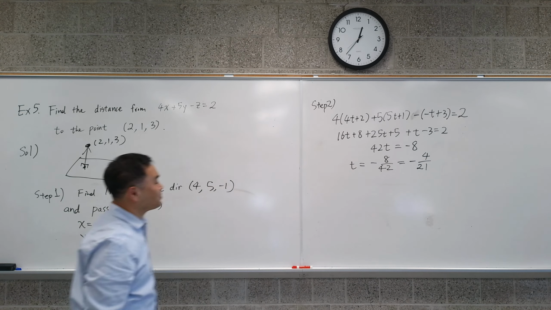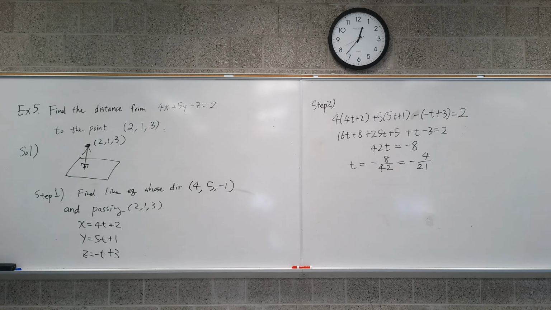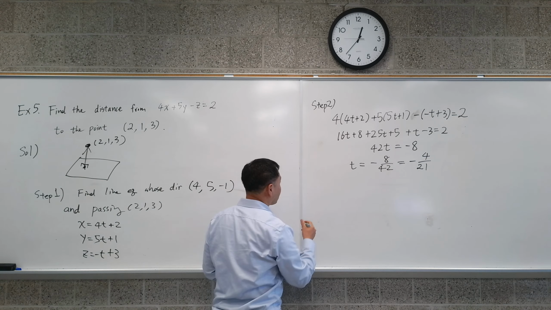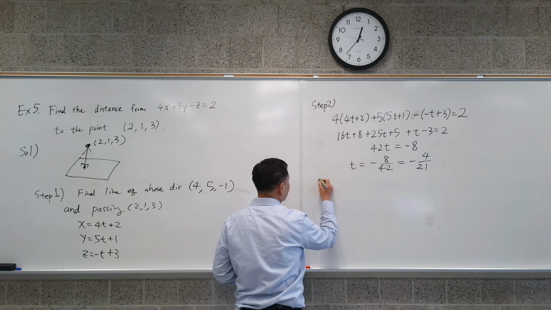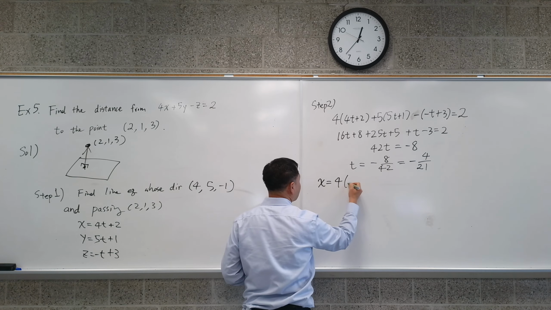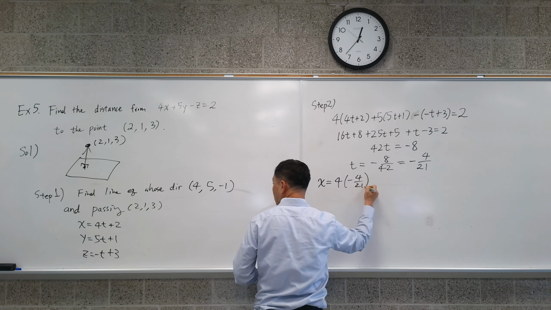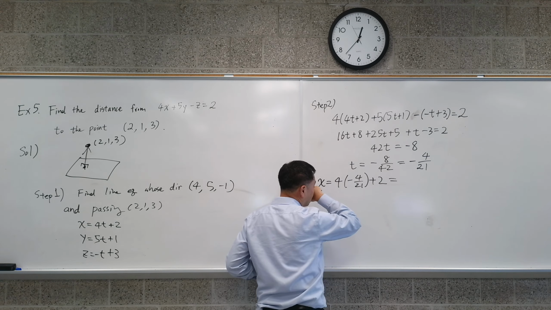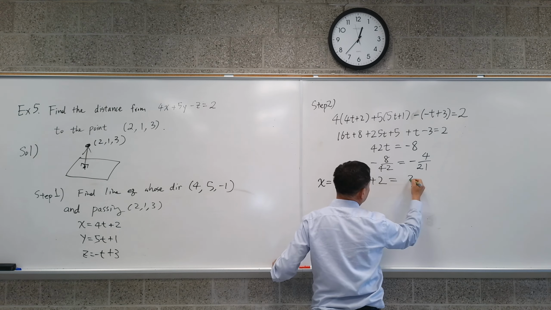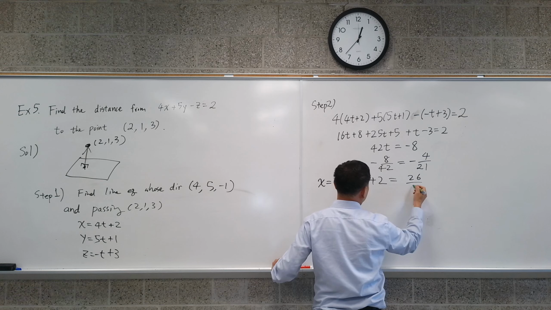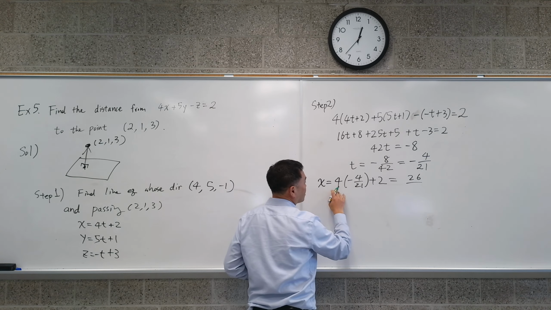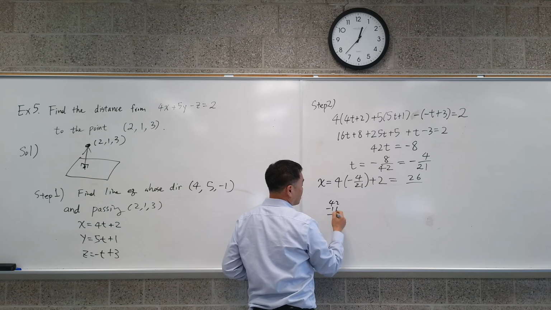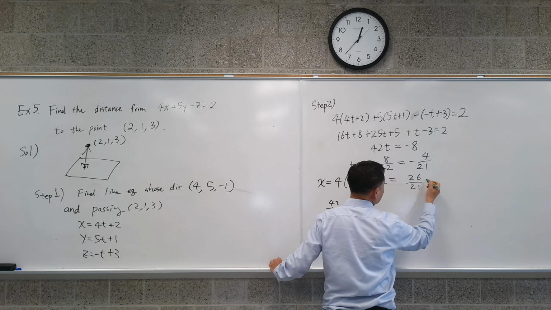Okay. And therefore, if you plug that back in here, you get the following answer. x is going to be 4 times negative 4 over 21 plus 2. So 42 minus 16 will be 26. Is that right? 42 minus 16. You got 26 over 21.